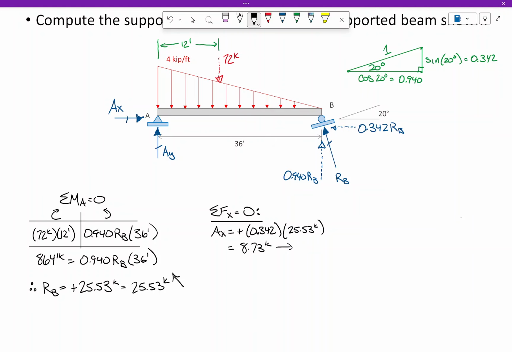And what's our remaining equation of equilibrium? That's just the sum of the forces in the y direction. So I'm going to have AY going up, 72 going down. And what else am I going to have going up? I'm going to have 0.940 RB going up, right?